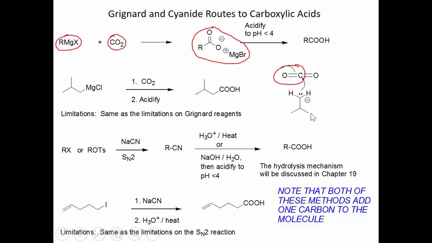An important point to note here is that the product has 5 carbons. The starting material has 4 carbons. The CO2 is a source of 1 carbon. So your product will have 1 more carbon than your starting material when you use this method.